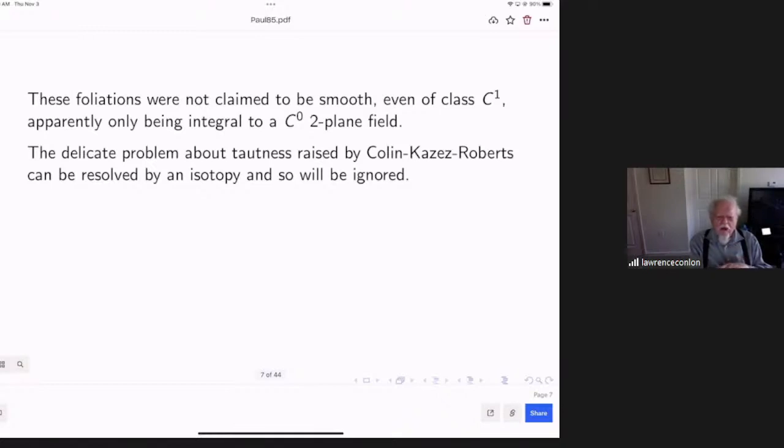Now, that delicate problem about tautness raised by Conlon and Roberts, it turns out, Rachel tells me, can be resolved by an isotopy. So Gabai's theorem makes sense. I think for many of us foliators, this problem that Conlon and Roberts raised about tautness was very surprising.